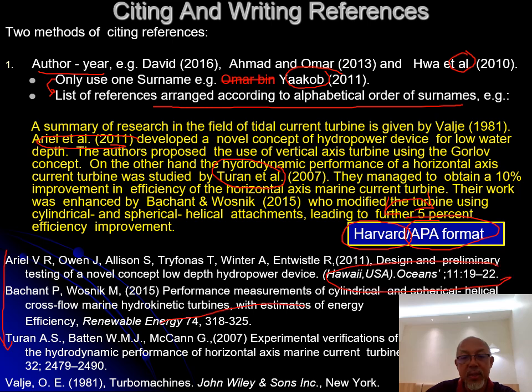What is included in the full reference is given by whichever format you use. The format tells us how to write the actual reference, and our reference is not complete until we have followed it all. For example, in Harvard there must be page numbers, and for journals there must be volume, issue, and page numbers. This is something we have to do when citing using author year.